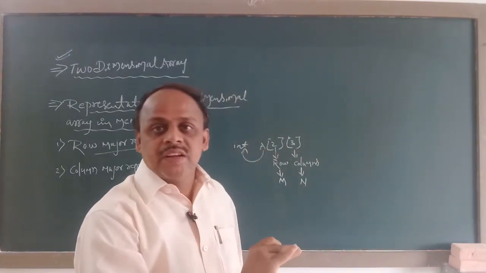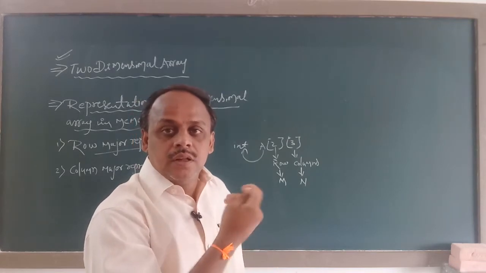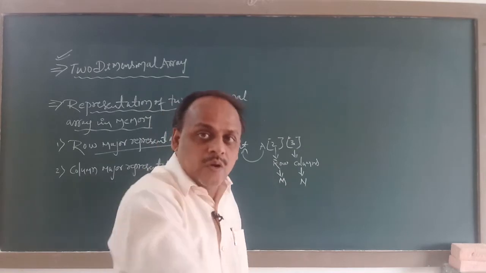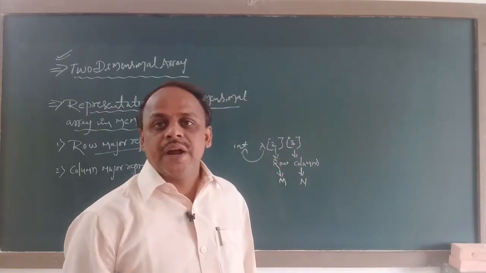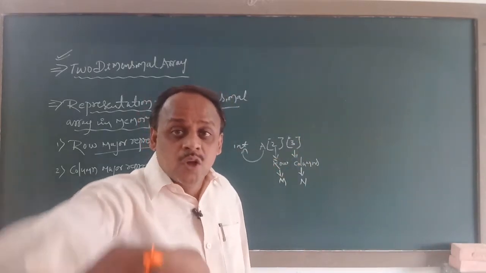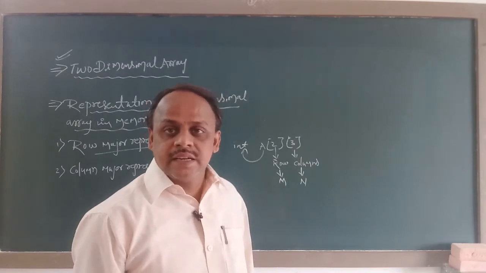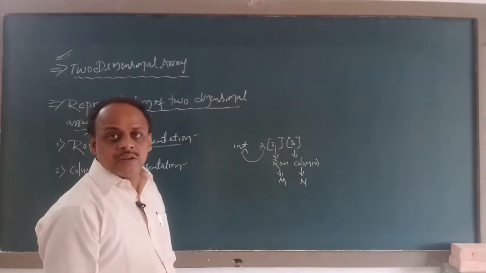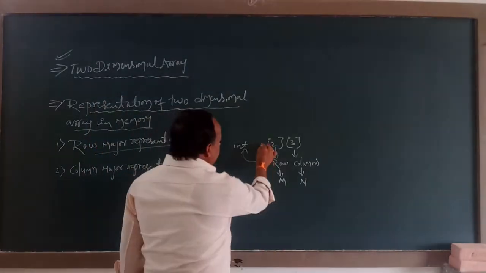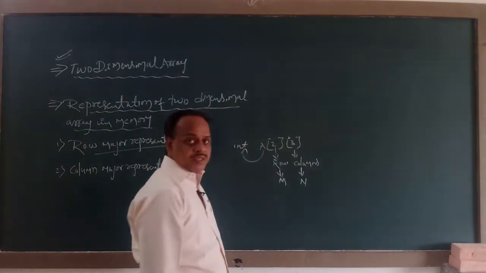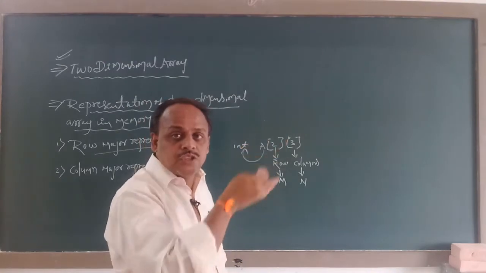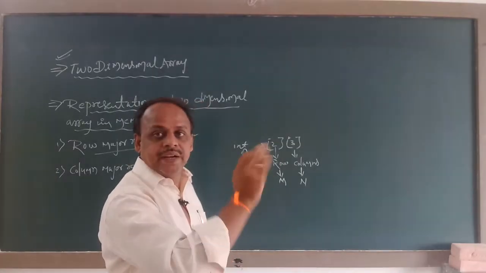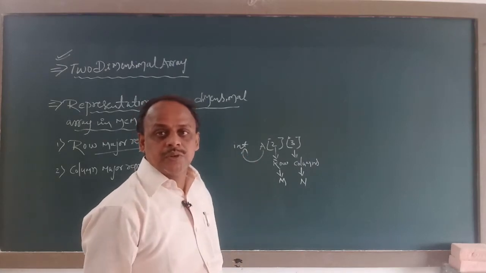After occupying the first row's memory locations, the second row's elements are going to occupy the memory locations. That is, row-wise filling is done when we use row major representation. For example, A[2][3] means an array with 2 rows and 3 columns, so the total number of elements is rows into columns, that is, 6 elements are going to be stored.